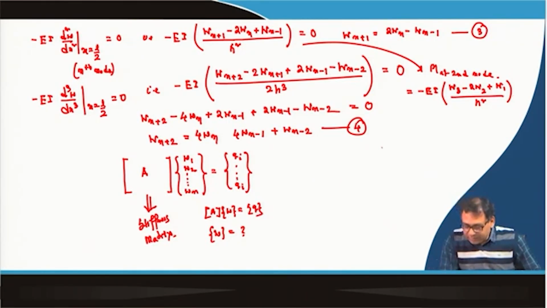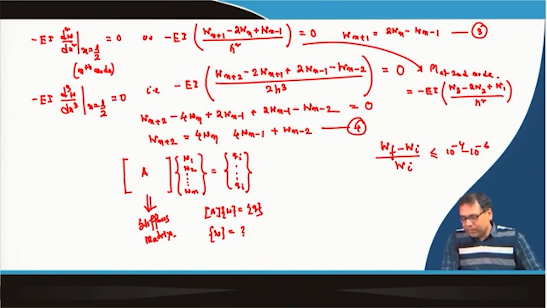For example, suppose this is your current or final deformation minus the initial deformation, divided by the initial deformation. This should be less than 10 to the power minus 4 to 10 to the power minus 6. If it is within that tolerance limit, you choose the h accordingly.